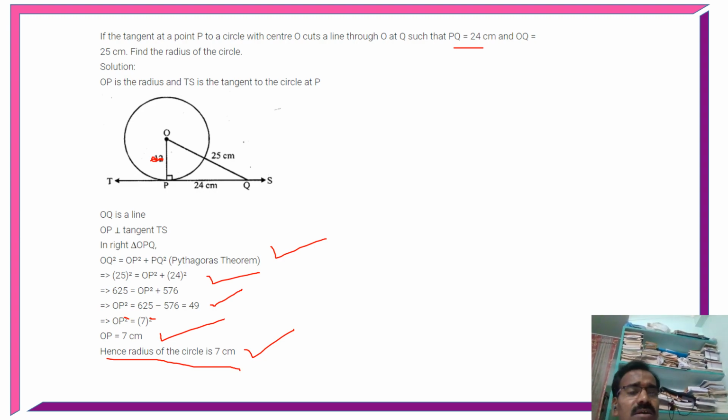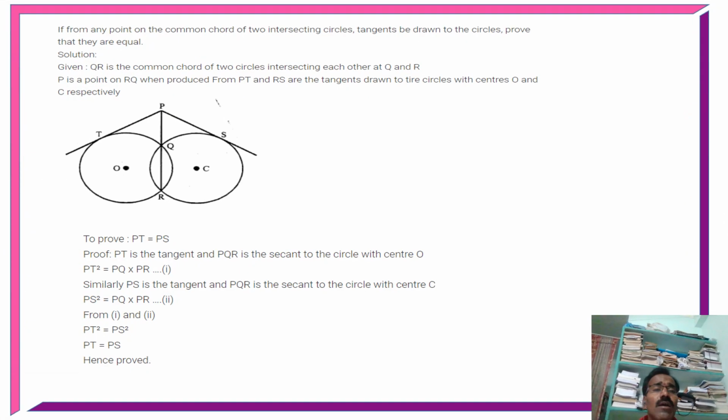Now we'll discuss this. Here it is given: from any point on the common chord of two intersecting circles, tangents are drawn to the circles. Prove that they are equal in length. According to the question, these two circles with centers O and C intersect each other at Q and R. PT and PS are the tangents drawn.